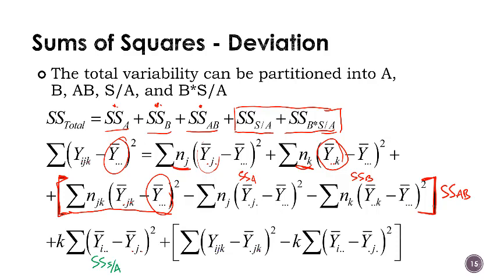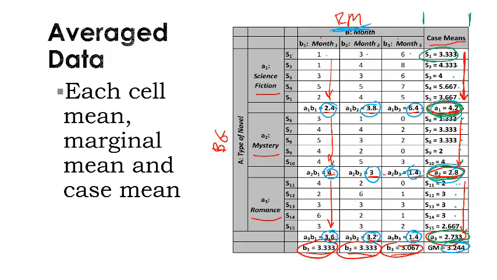So this first part is looking at every individual score, like 1 minus the cell mean. I'm doing that 1, 2, 3, 4, 5 times, all around 2.4. Then switching over here, 1, 2, 3, 4, 5 times around 3.8. And then 1, 2, 3, 4, 5 times all around 6.4. So 6 minus 6.4 squared, plus 8 minus 6.4 squared, and so on.